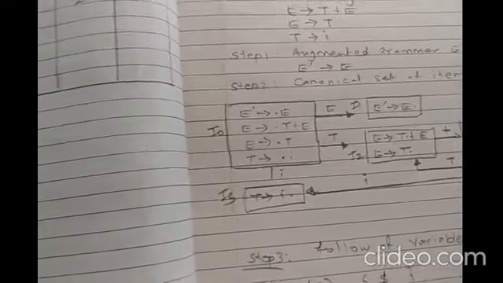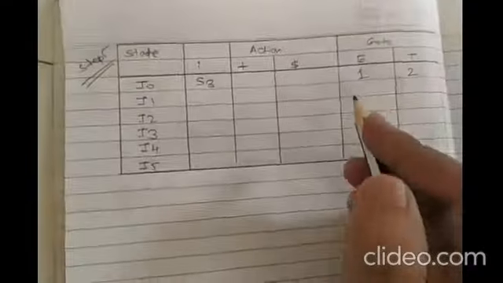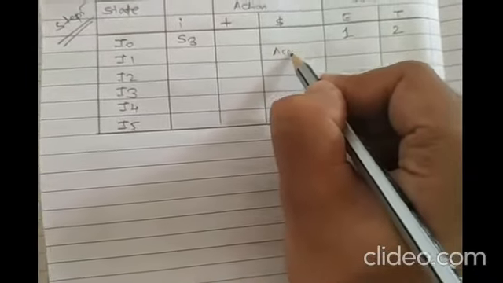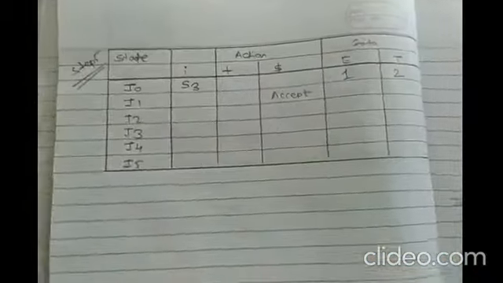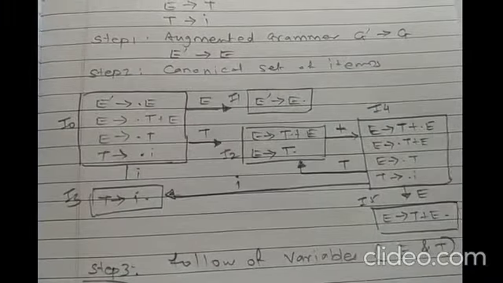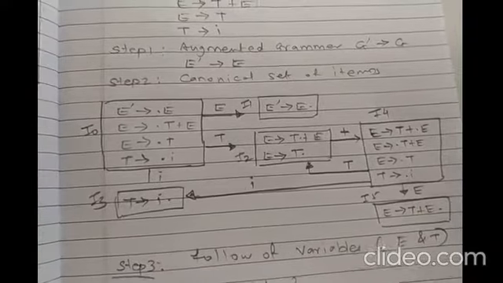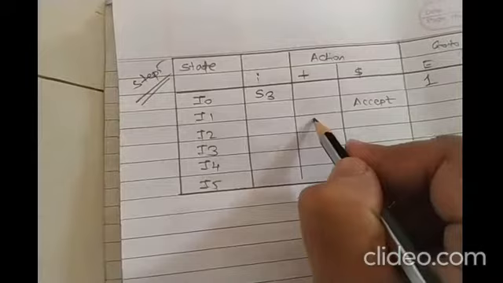So it is, what we can say, the accept state, and the accept state always goes on dollar. So at dollar we will write the accept. Then I2 on plus goes to I4, that is shift 4.